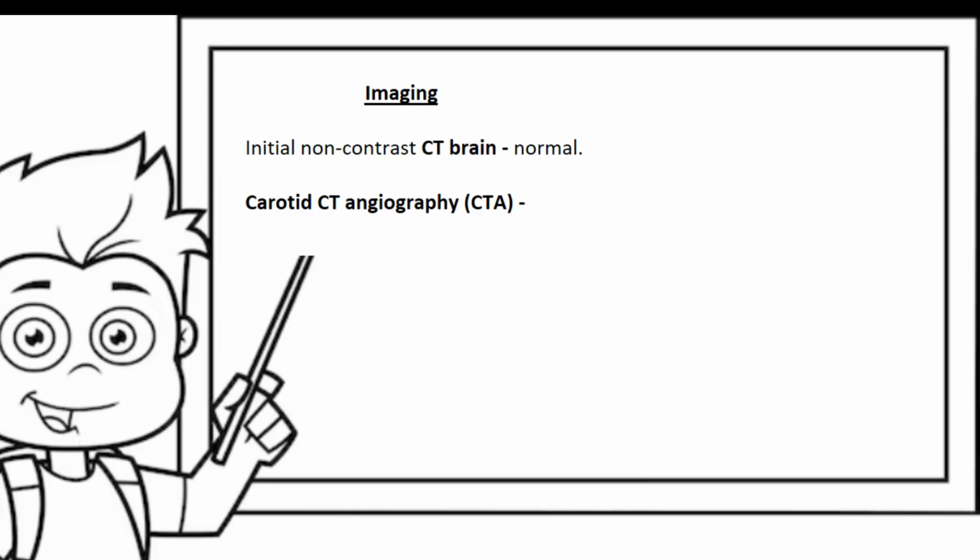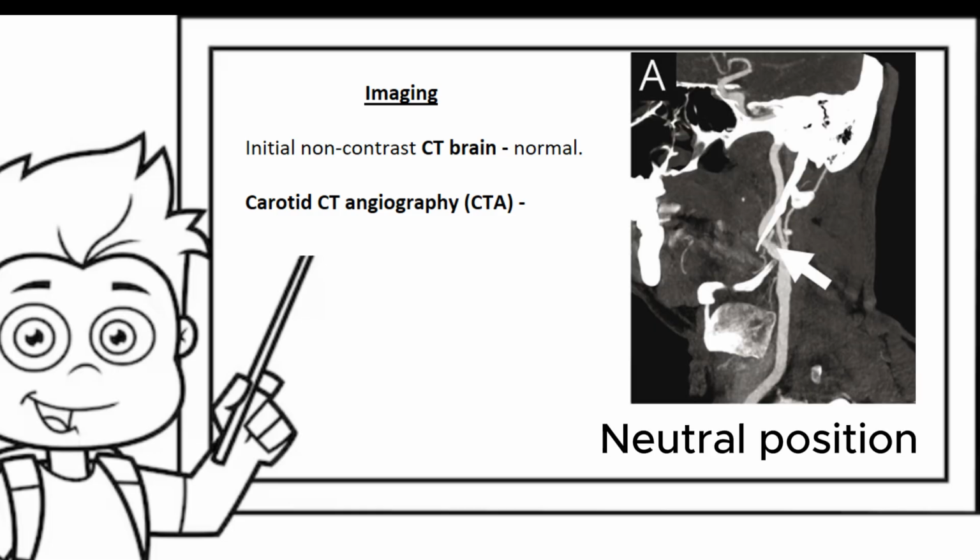Imaging was done and the initial non-contrast CT was normal. Then, a carotid CT angiography was done, and that is where things start to get interesting. In the neutral position, imaging showed an elongated styloid process on the right, which was almost kissing the internal carotid artery, but there was no dissection and no arteriosclerosis.